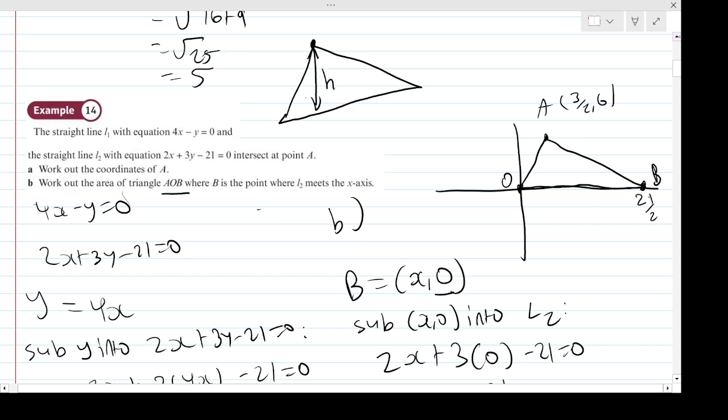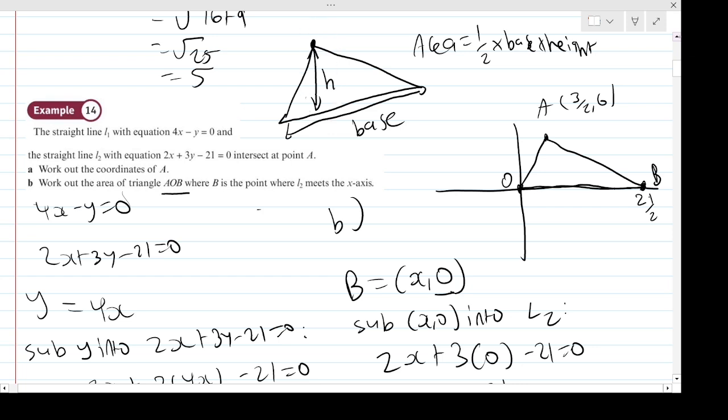That's H, and then we've got the base here. So the area of a triangle, when you've got the vertical height like this, is a half times base times height, and the height is the vertical height.